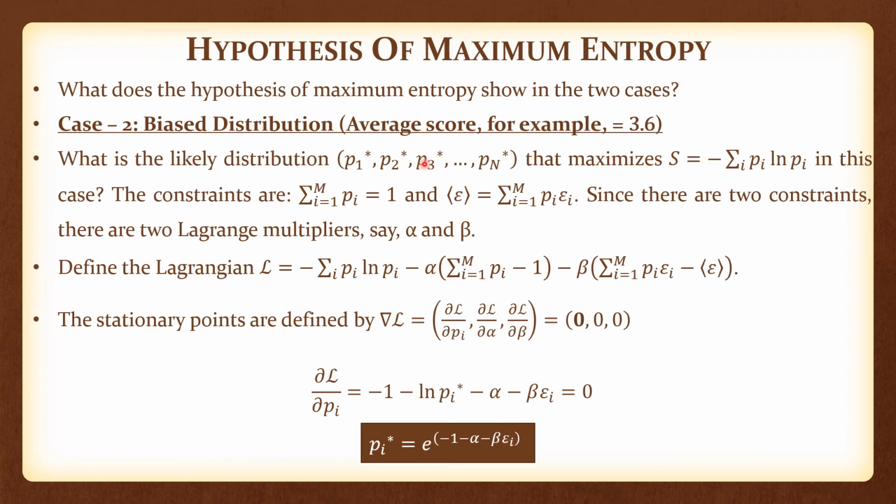It depends on the outcome. What is this epsilon i? It's either 1 or 2 or 3 or 4 or 5 or 6. If you roll the 6-sided die 20 times or 200 times or 20,000 times, doesn't matter. The number that you can see is 1 or 2 or 3 or 4 or 5 or 6. Depending on that, for each case, you are going to see a different probability. Of course, it also depends on the value of alpha and beta, right? So this is an important outcome right away.